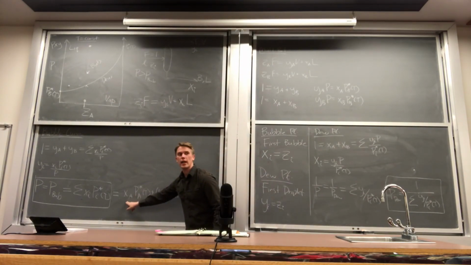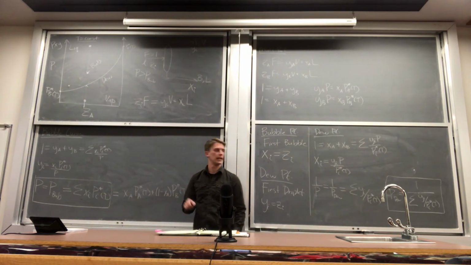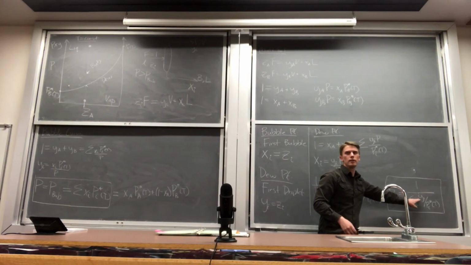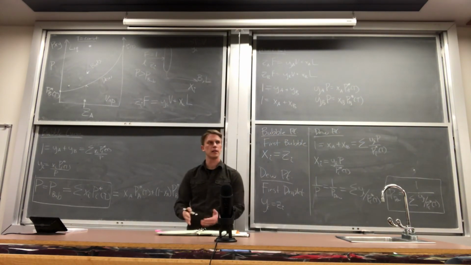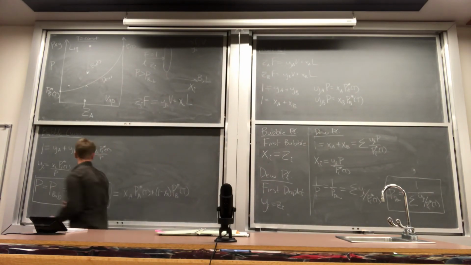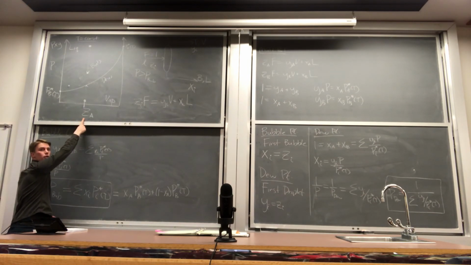You put in XA, and you solve for the pressure. Here, you put in Y of A, and then you solve for the pressure. You plot your P versus X, because Z is equal to X in the bubble curve, right?